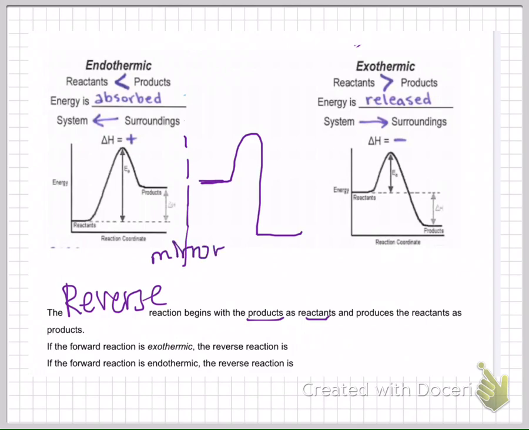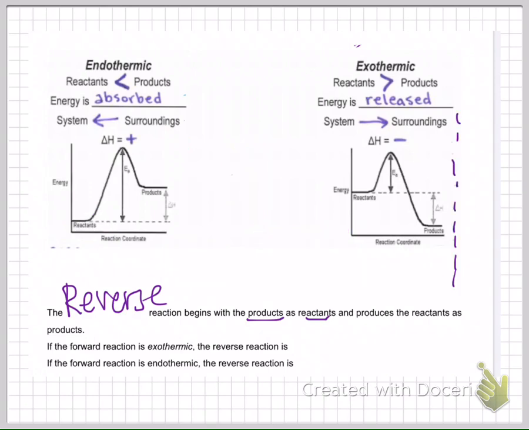So my products become my reactants, and my reactants energy becomes my products. If I were to do the reverse of the one on the right, I would make my products my reactants and my reactants my products, so it would look like this. My reactants would be here and my products would be here. So that's the reverse reaction.